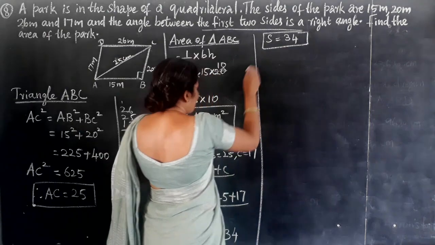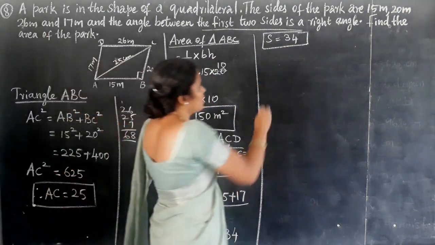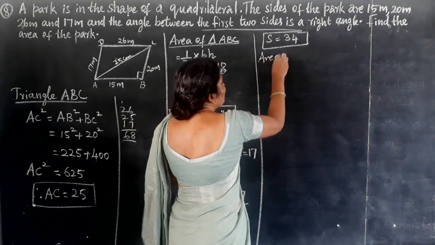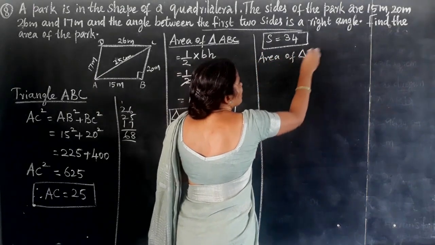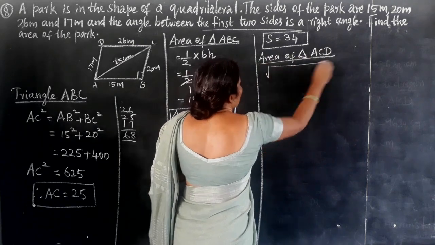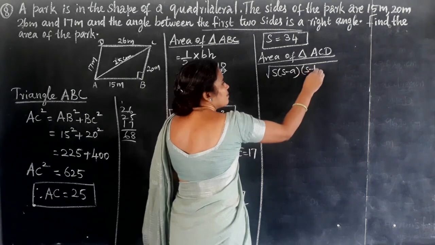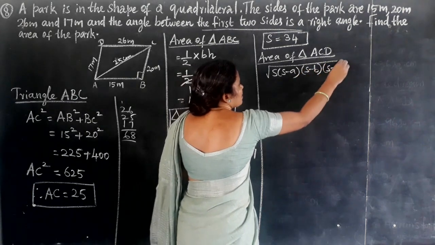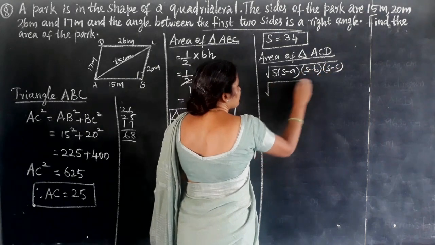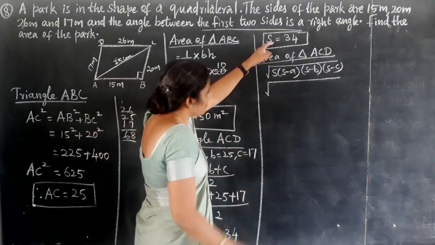So now using Heron's formula, let us find the area of triangle ACD. Area of triangle ACD is equal to the square root of s times (s minus a)(s minus b)(s minus c). So s is equal to 34.